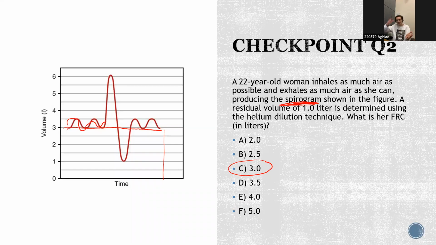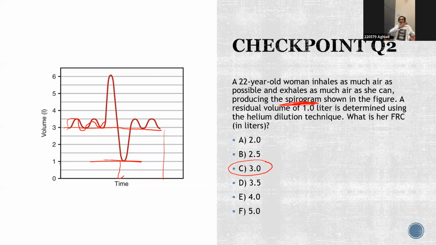So the reflections seen on the spirogram will not indicate residual volume. This is just the maximum point of exhalation, which they determined later on that the residual volume would be 1, as you can see here. It did not reflect upon the spirogram. The spirometer wasn't able to detect it because it's incapable of measuring the residual volume.